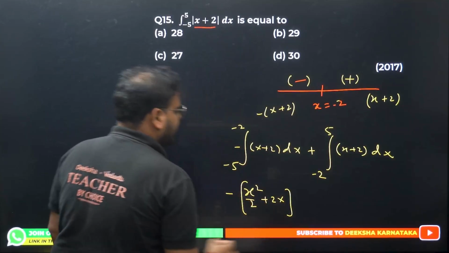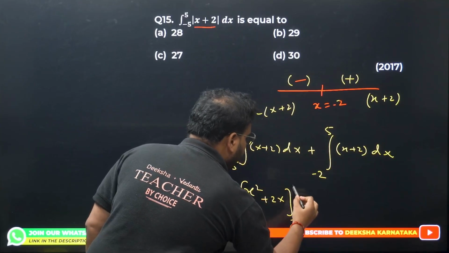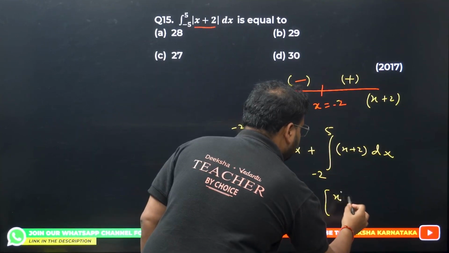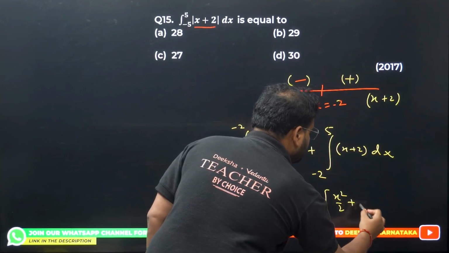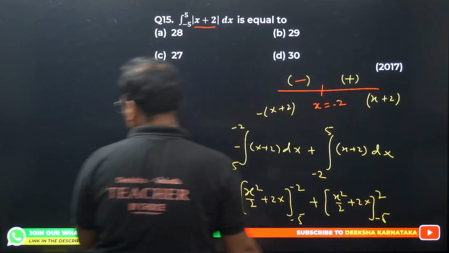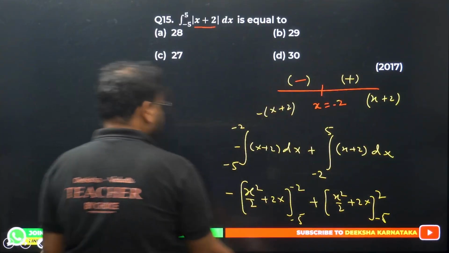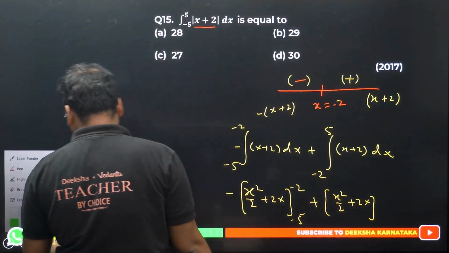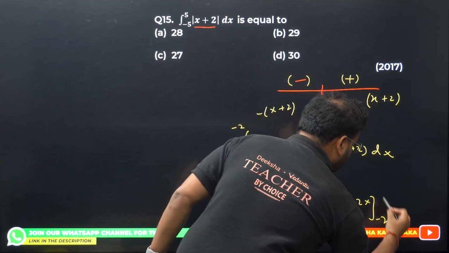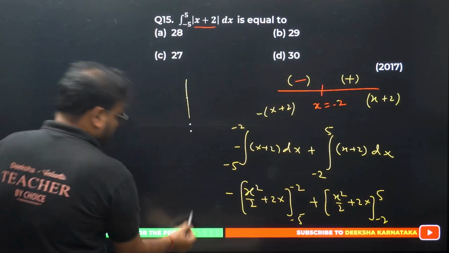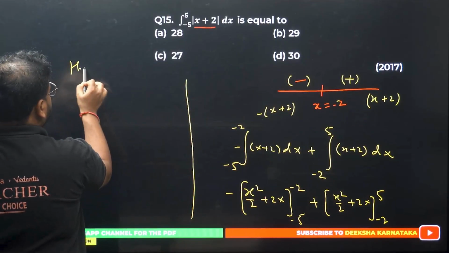My sign is outside. Minus 5 to minus 2. There is a plus sign over here as well. X square by 2 plus 2x, minus 2 to 5. Sorry, I made a mistake earlier. This is minus 2 to 5. Substitute the values. Your homework for this question is to calculate.